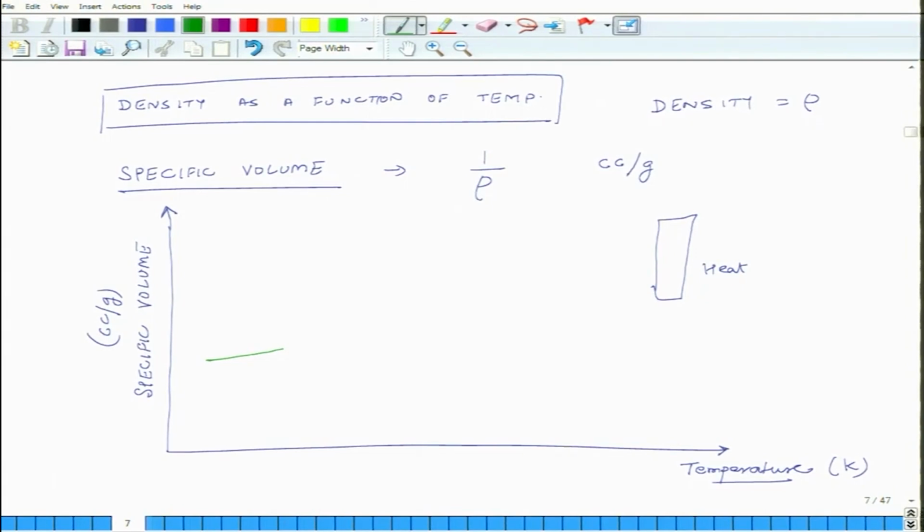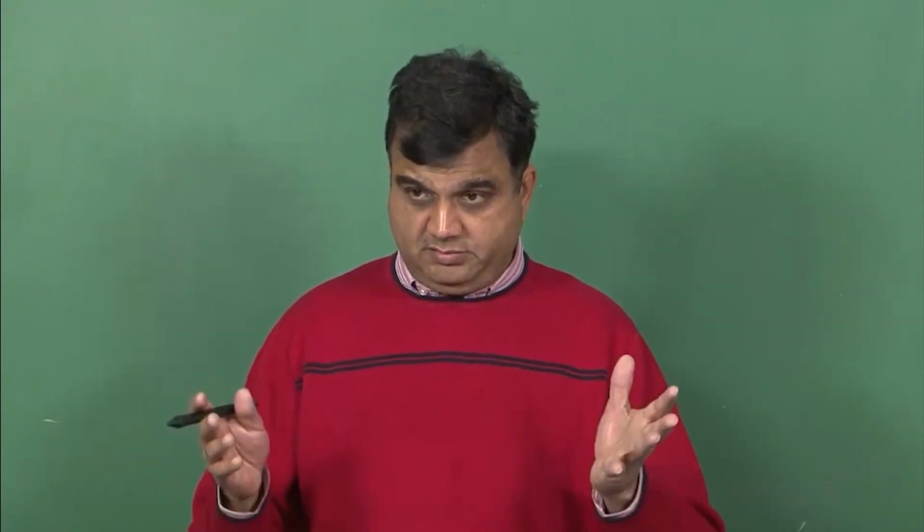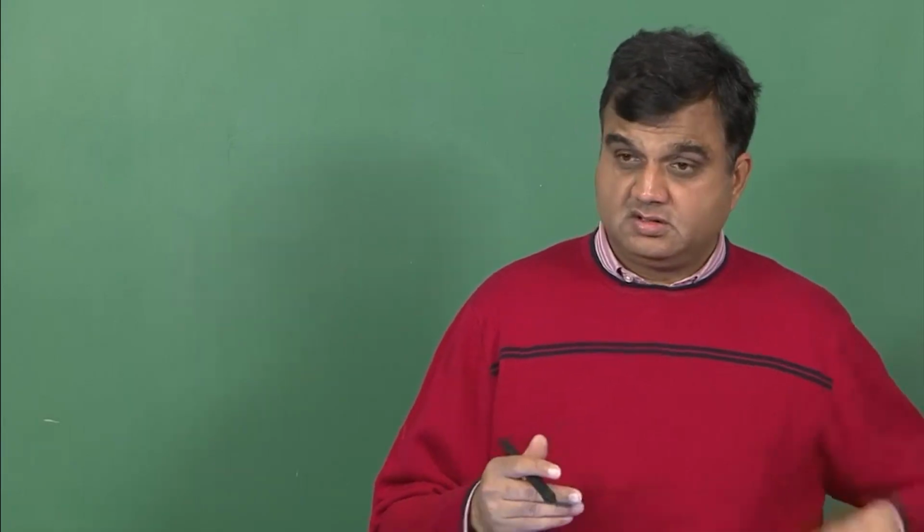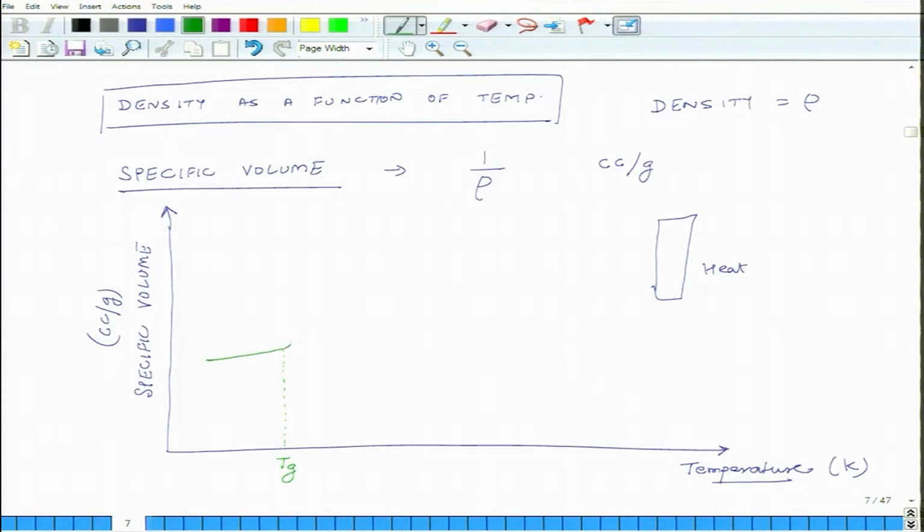And then if I cross its glass transition temperature Tg, then all the bonds between the different chains break. In amorphous polymers, the bonds break, and as a consequence it expands and this slope increases all of a sudden.